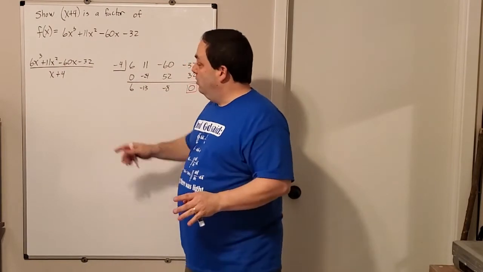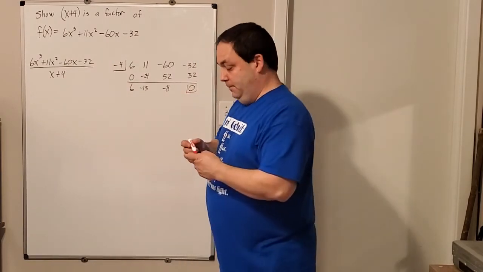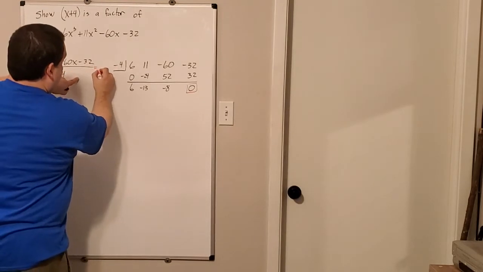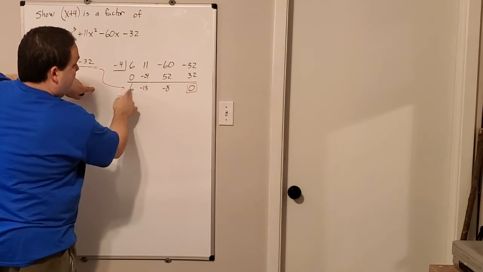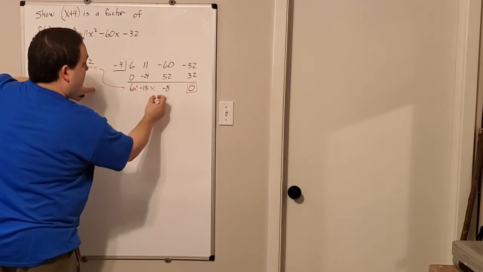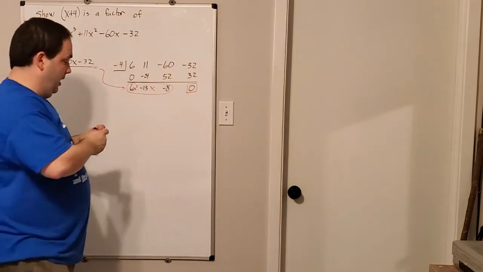So therefore, x plus 4 would have to be a factor, right? The answer to this division is here: remainder, number, x squared. So this would be 6x squared minus 13x minus 8 is the answer to the division. Okay?